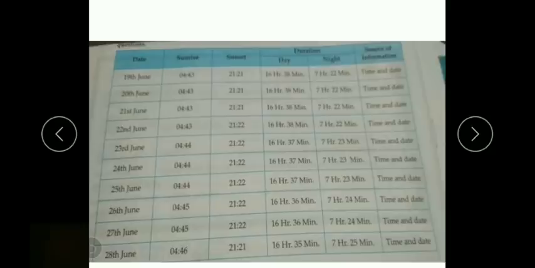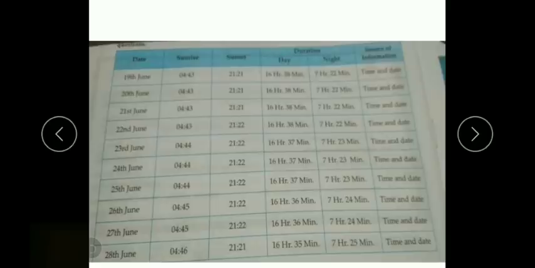Here, sunrise: what time in the morning the sun rises? What time on the same day the sun sets? The difference between both gives the duration of day and night, and the source of information is where you got the time and date.